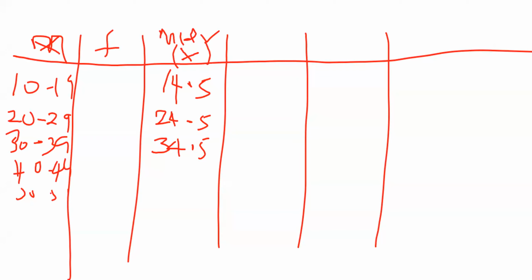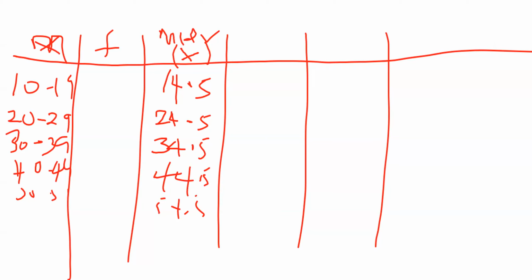Hello? The difference between the first group and second and third is 10, 10 all around. Yes, sir. So keep on adding 10 and be writing your answer. The next one will be 44.5. Next one is 54.5, running like that till the last group, which is 90 to 99.